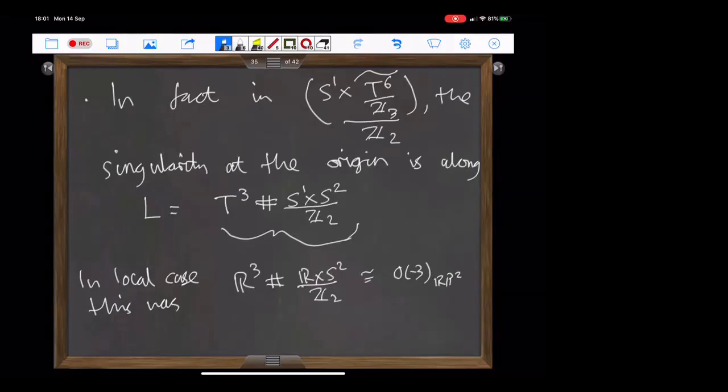And the singularity at the origin, the A1 singularity, now for the compact case, the 3 manifold is actually the connect sum of a 3 torus and S1 times S2 mod Z2. And you should compare that with the local case, where instead of the 3 torus, we had R3, and instead of S1 times S2 mod Z2, we had R times S2 mod Z2.